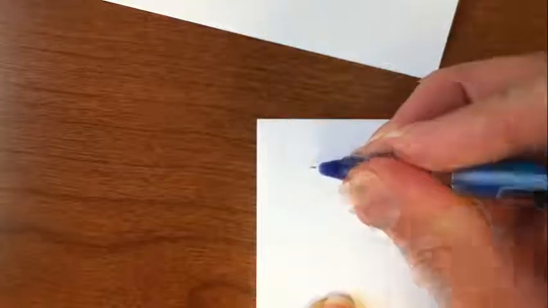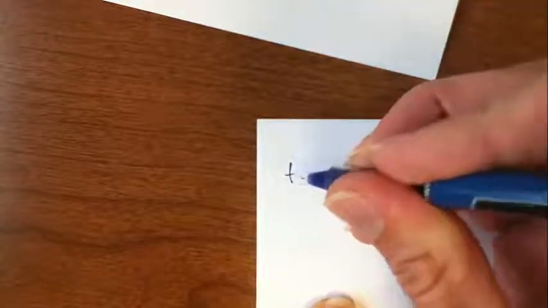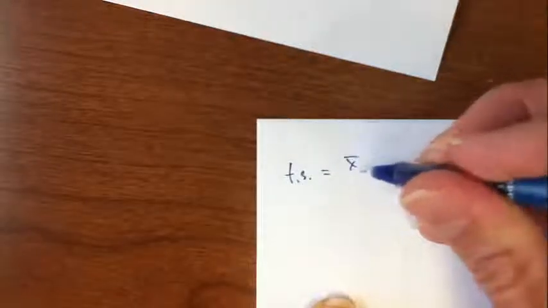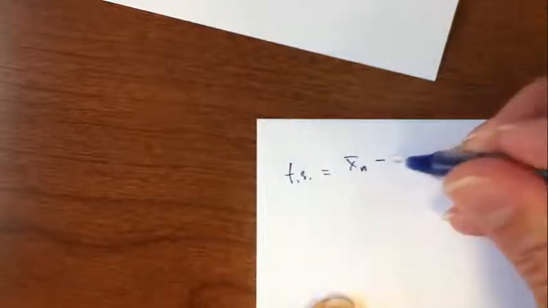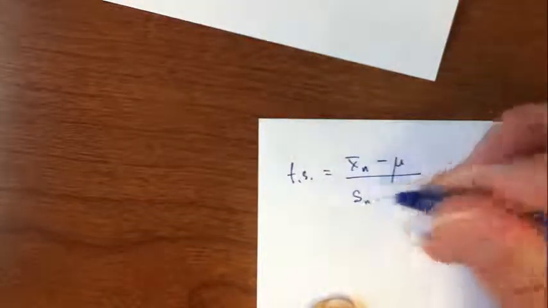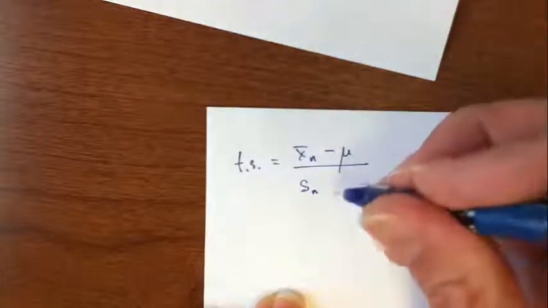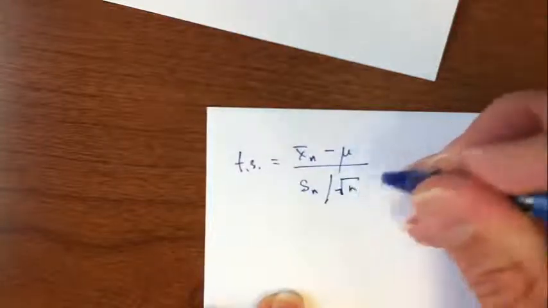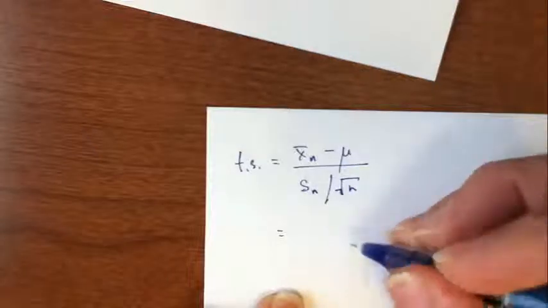So for our example, we call this a test statistic. I take the sample mean minus the mean that the company claims, divided by the sample standard deviation over the square root of n. I'm putting these in lowercase letters because they're no longer random variables.